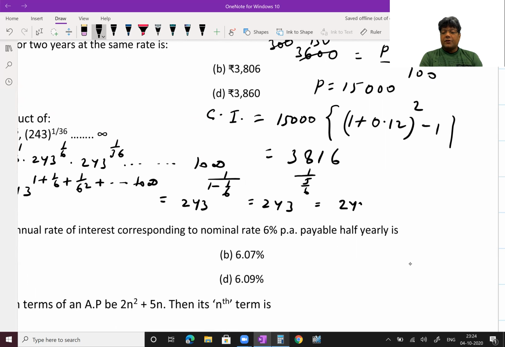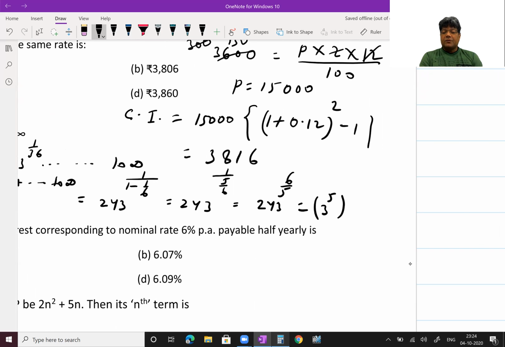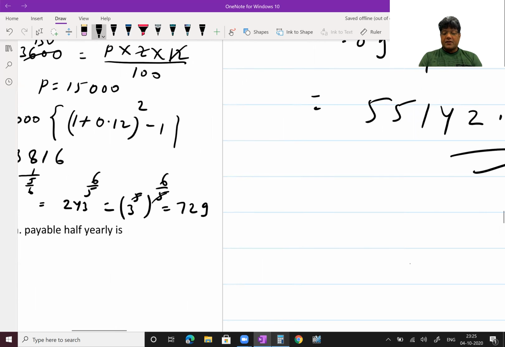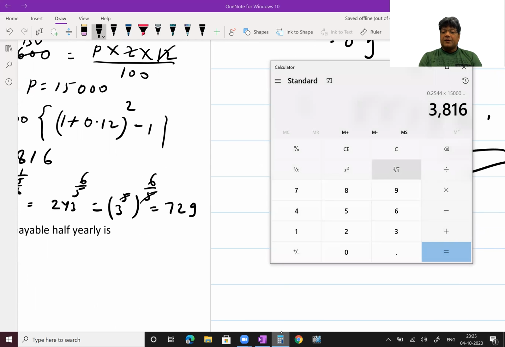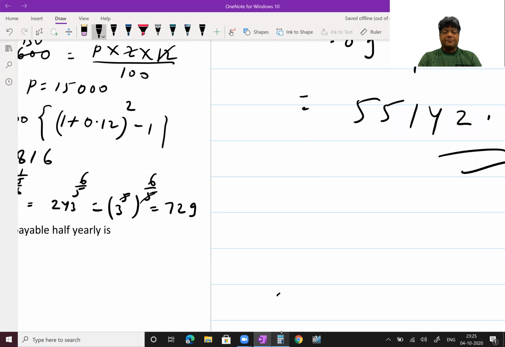So 243 to the power 6 by 5. Now 243 is what? 3 to the power 5, 81 into 3. So (3^5) whole to the power 6 by 5. 5 cancelled. That is equal to 3 to the power 6. That is equal to 729. Because 3 to the power 6 means 3 cube into 3 cube, that is 27 into 27. 27 into 27 is equal to 729.